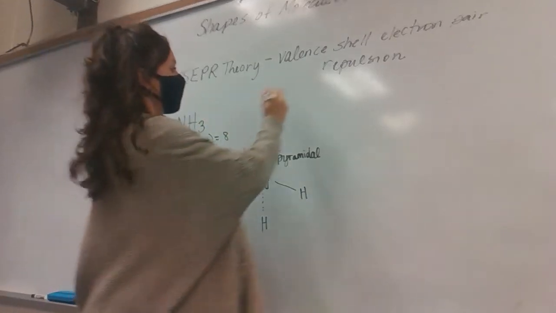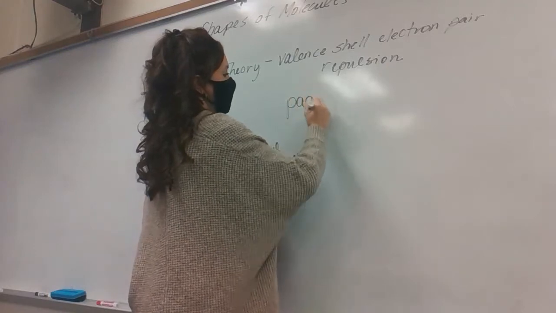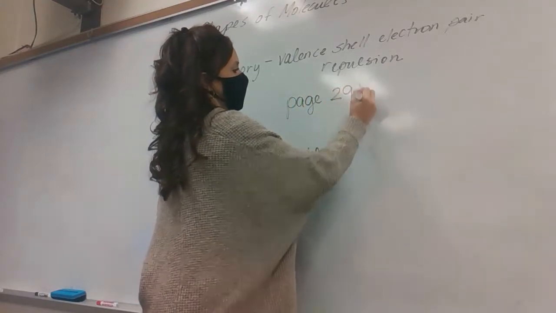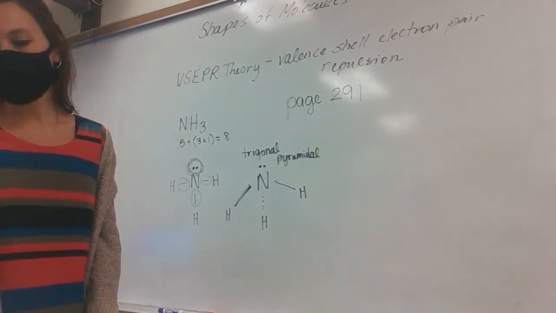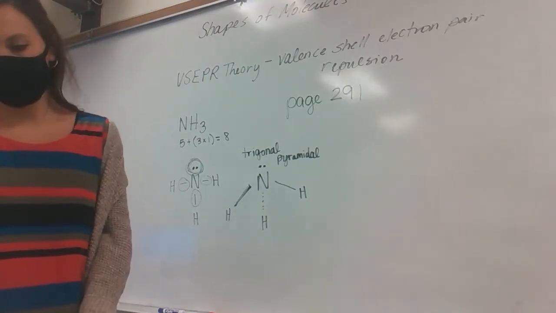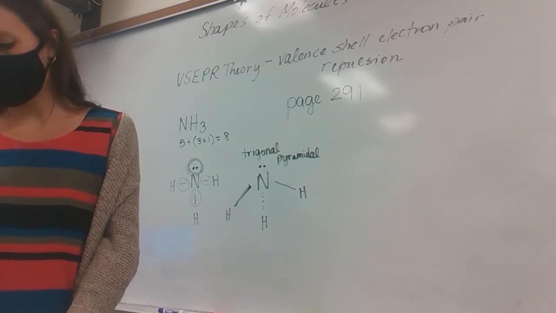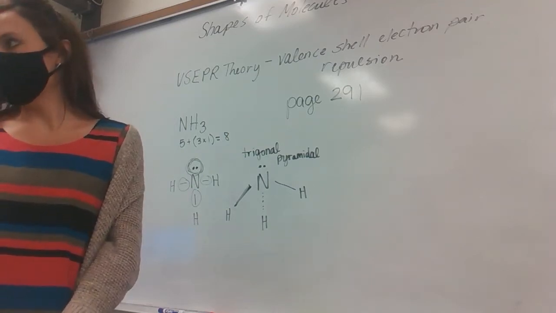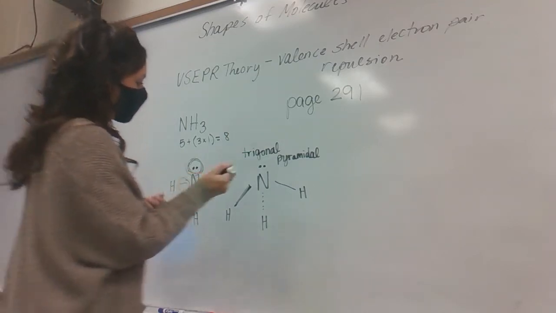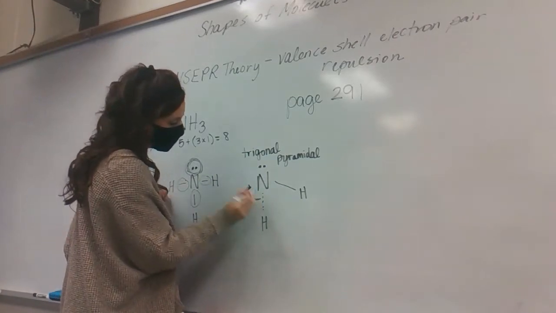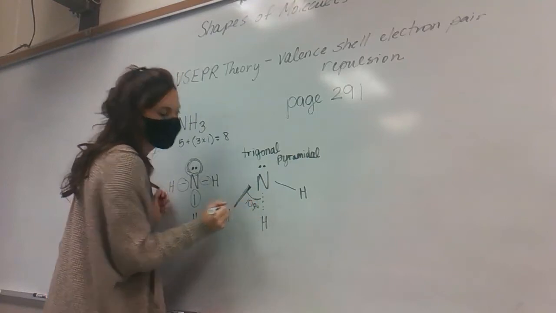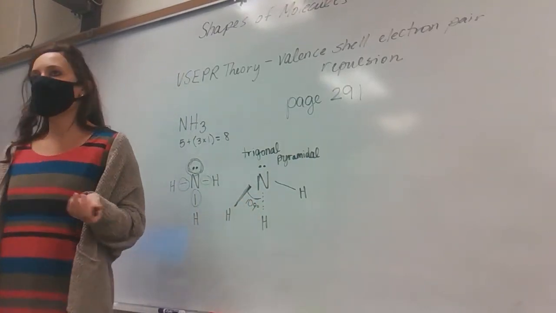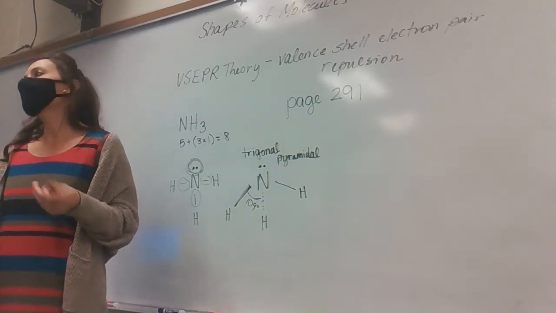And if you look on page 291, the table tells you 3 bonded atoms and 1 lone pair is trigonal pyramidal. And the bond angle, the angle between these, isn't 90, it's 109.